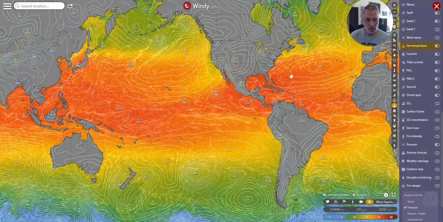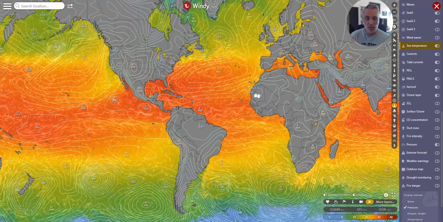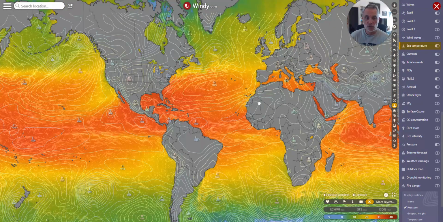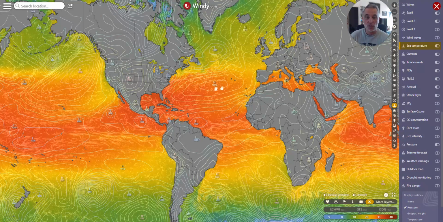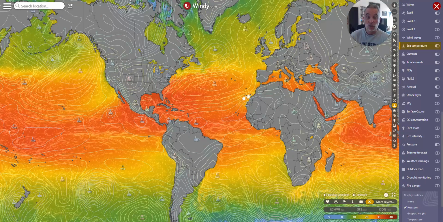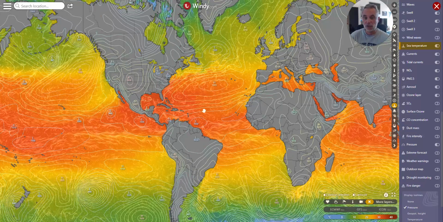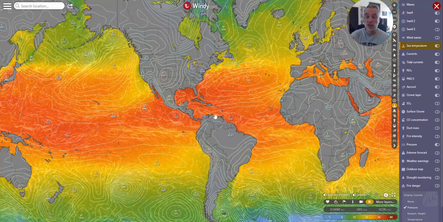So there you go. And otherwise, this is basically a nice representation, so you can link up satellite imagery with what's going on in terms of the pressure systems at the surface, and also some of the sea surface temperatures, and also sea currents.